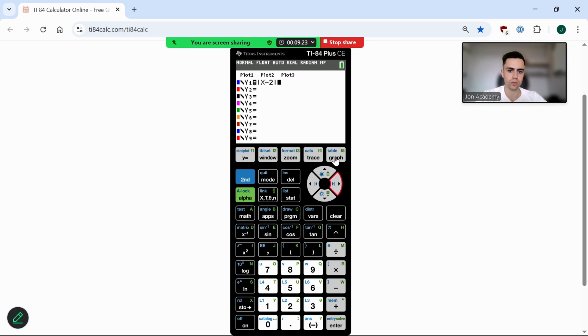And once done that, we graph. We're gonna get this function, and we can move around with the arrows, no? We can also go into trace, and we can see this point is 0, 2, no? And the point of the vertex, the lowest point here is around 2, 0.